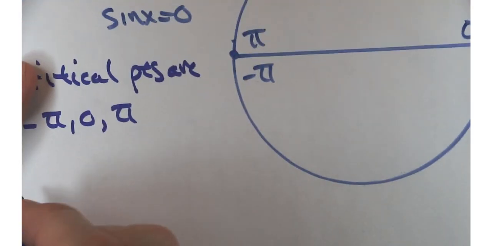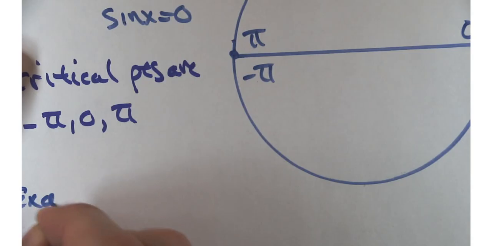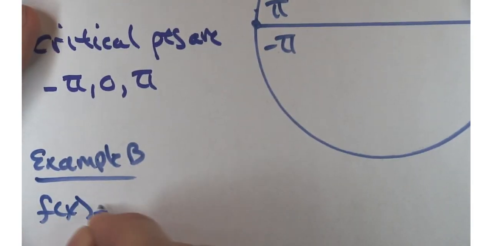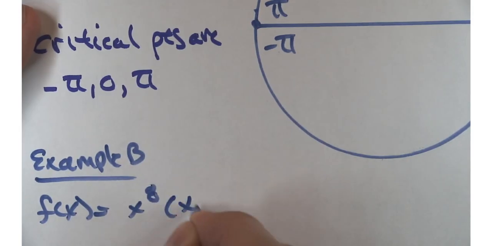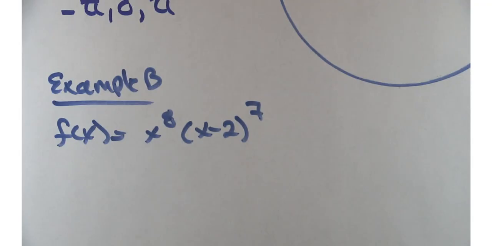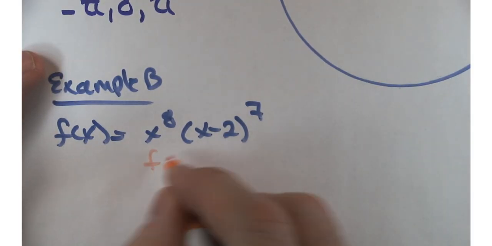So example B, f of x is x to the 8th times x minus 2 to the 7th. What rule am I going to have to use to differentiate this? Product rule. Good. So you've got, this is kind of like your f, and that's your g.